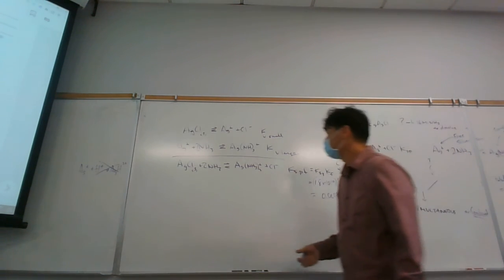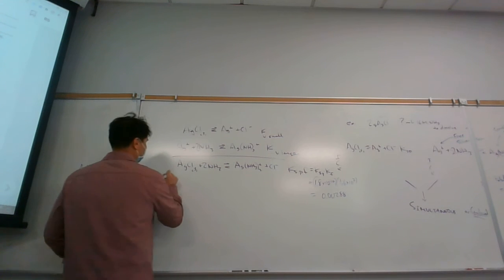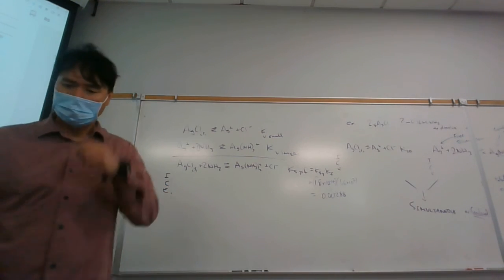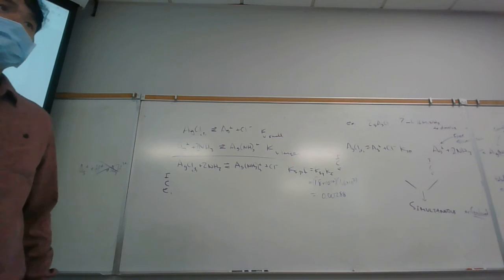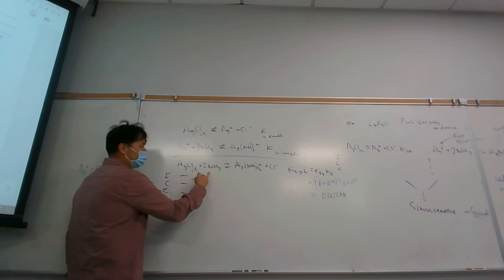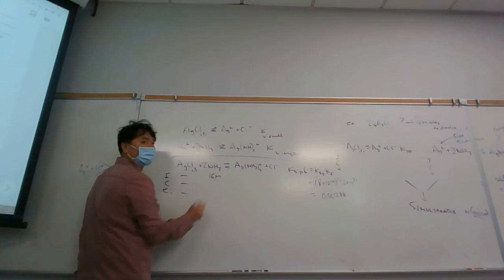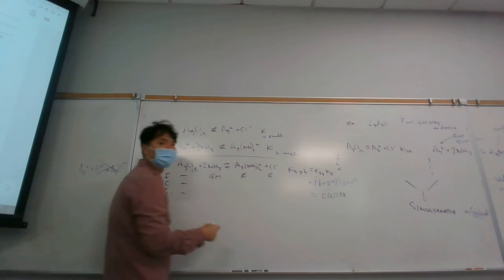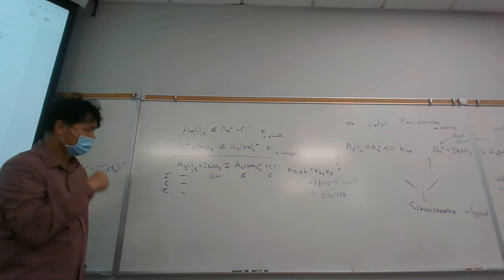Now when I do a calculation, it's just one ICE table, not multiple. Silver chloride is a pure solid. I'm going to start off with 16 molar ammonia here, and then assume nothing's dissolved yet, so it's 0 and 0.